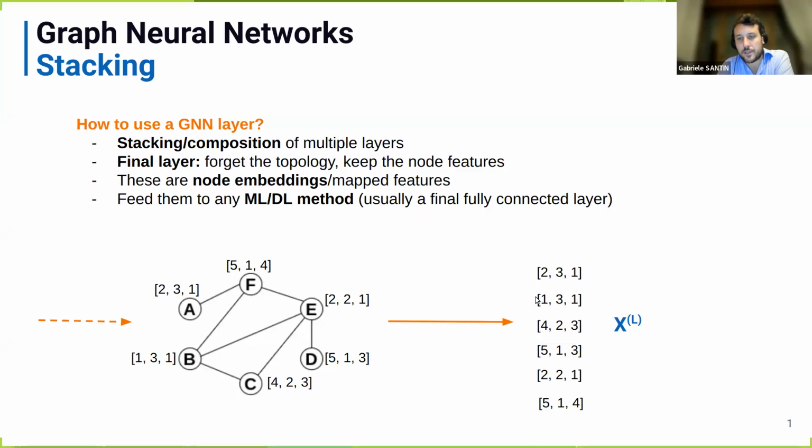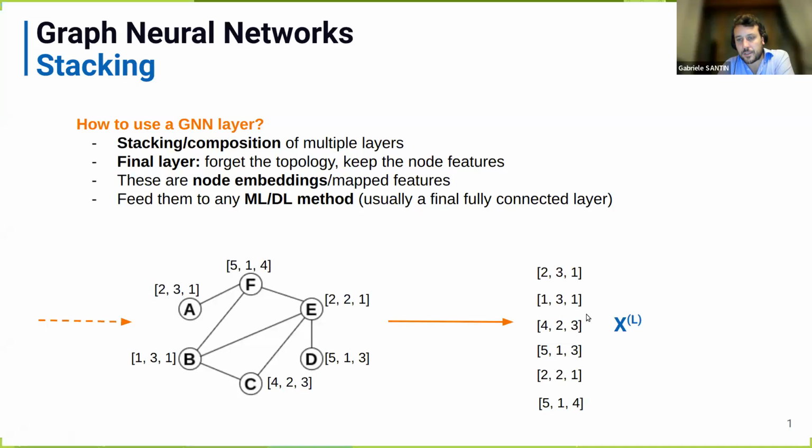And that will mean that the numerical values within the final features will also encode the topological structure of the graph, okay? And of course, one needs to see that this is successful, but the idea is that this should work nicely.